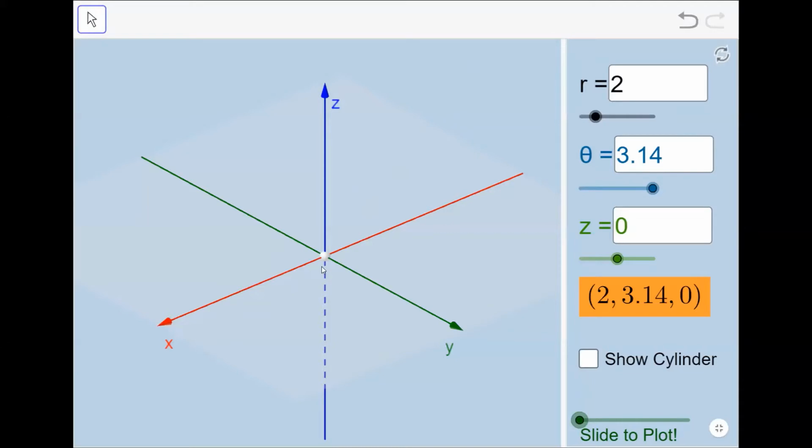Here in the figure, the Cartesian coordinate system is shown, and now we place the cylinder along the z-axis. The shape of a cylinder is familiar to you, isn't it?